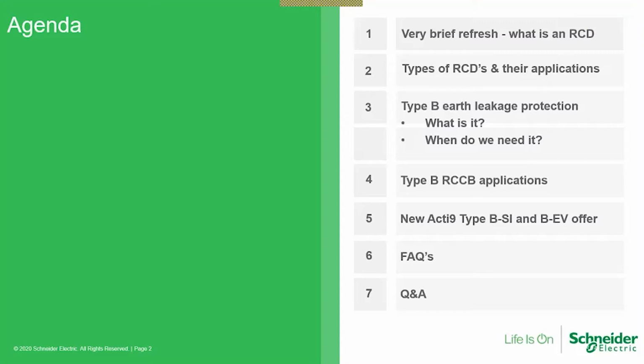From here, we'll move on to specifically Type B earth leakage protection. What is it and when do we need it? I'll then highlight some typical Type B RCCB applications and then run over the Schneider Acti9 Type B offer. We'll follow this up with some frequently asked questions and a Q&A session.